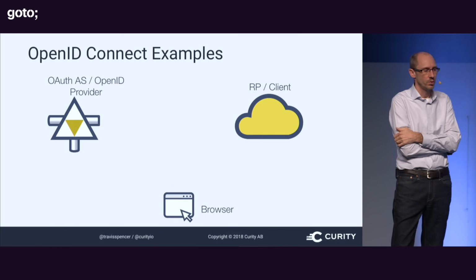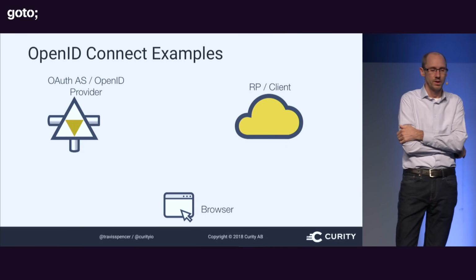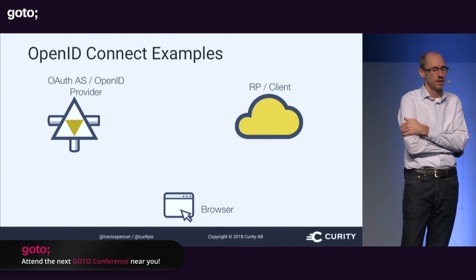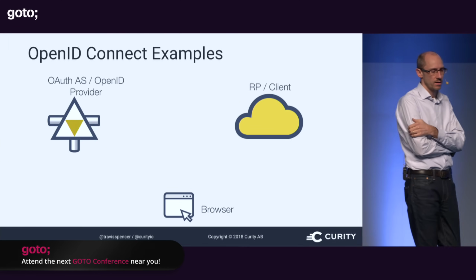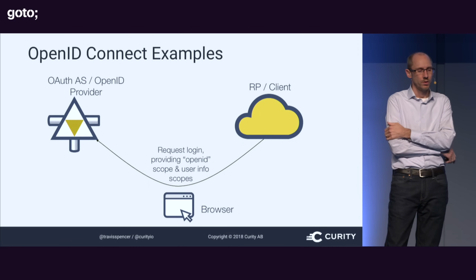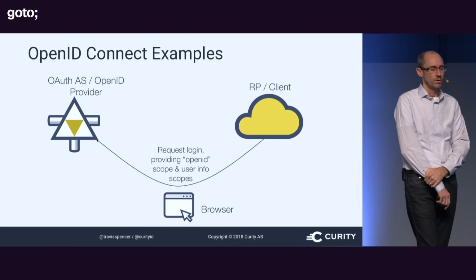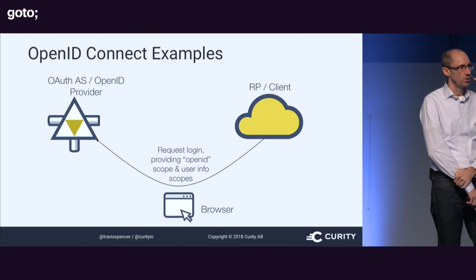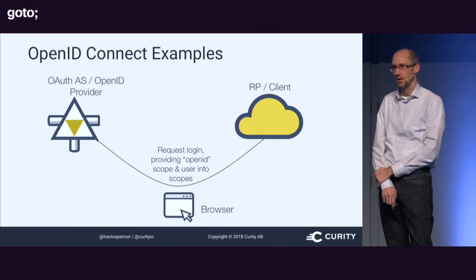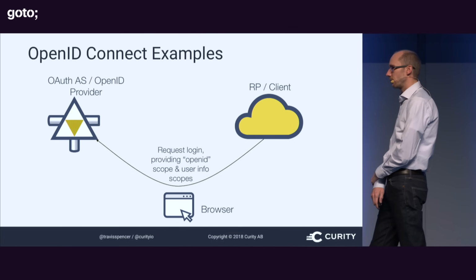Okay, so let's bolt on OpenID Connect to that code flow we went through before. So here I have what's called a relying party, another unfortunate additional name that just means an OAuth client. And the application or the client will make the request like before with the code flow, but this time it will include at least one additional scope, and that scope will be openid, and that will be received by the OpenID Connect provider, the OAuth server.